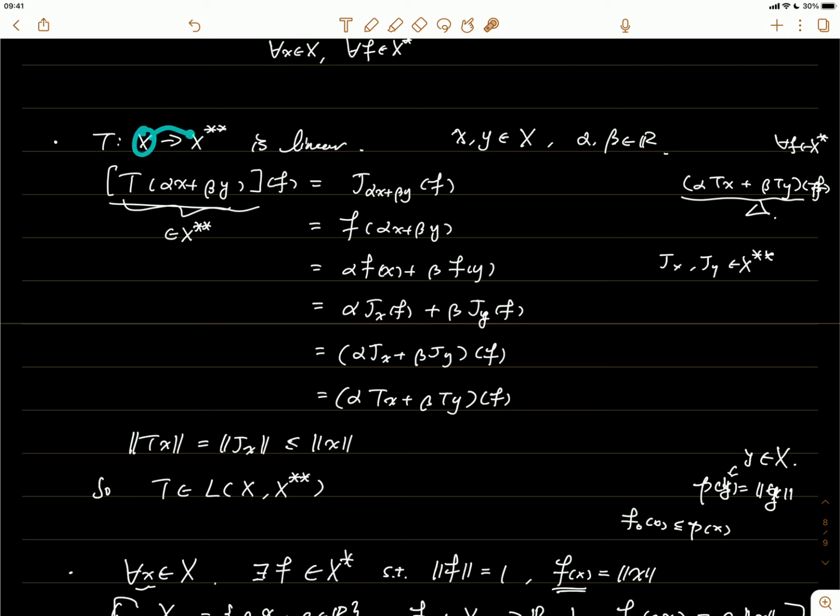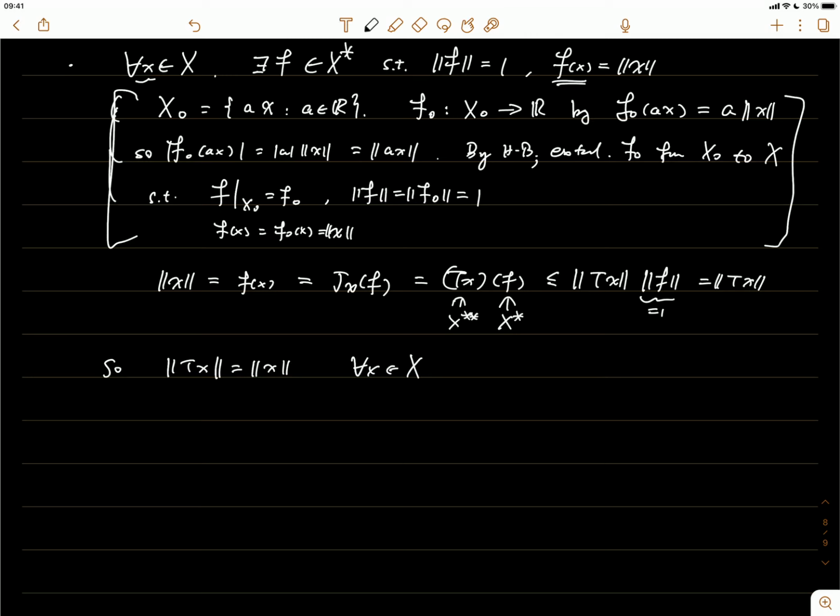It's embedded in there as a closed linear subspace. So when X is also a Banach space, the embedding of X into the bidual is a closed linear subspace.